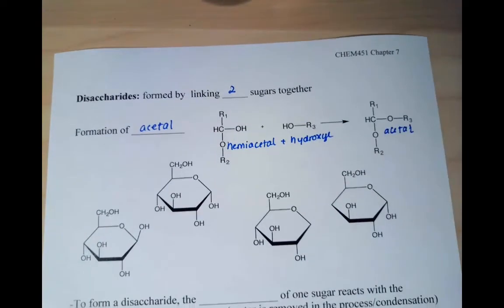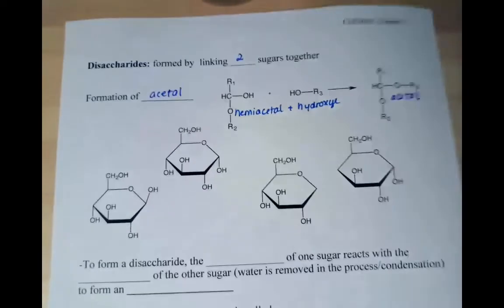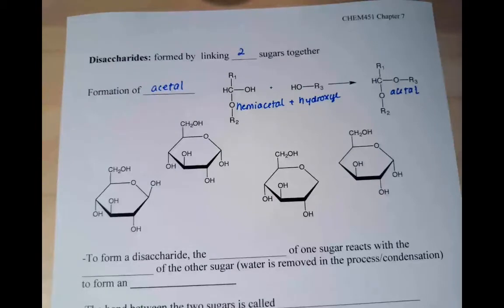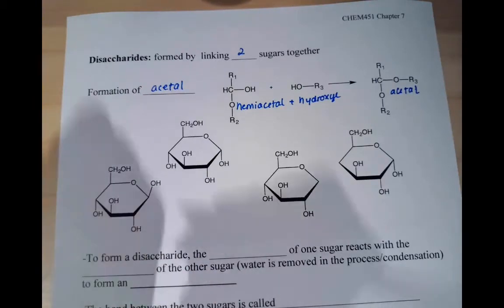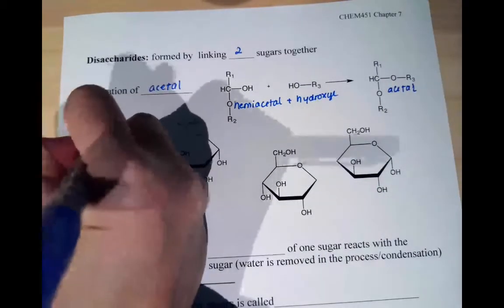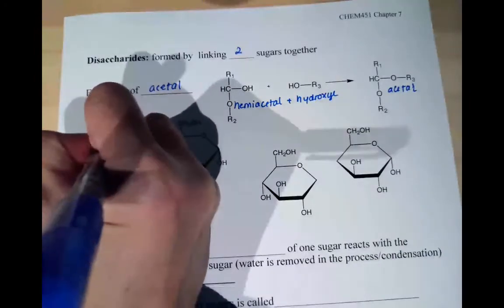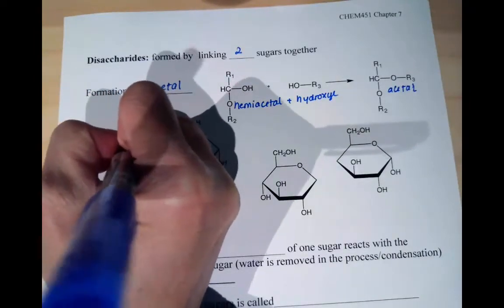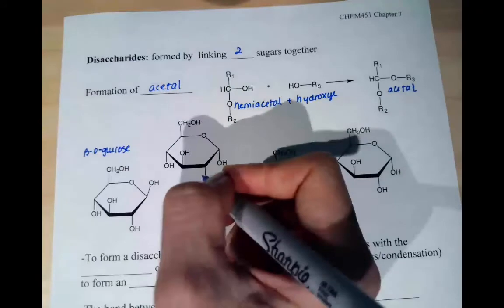So let's see what this looks like in an actual disaccharide. So here's two monosaccharides. This is beta D-glucose. This is alpha D-glucose.